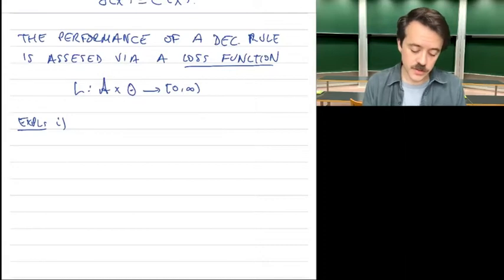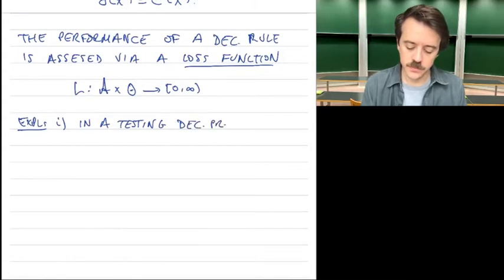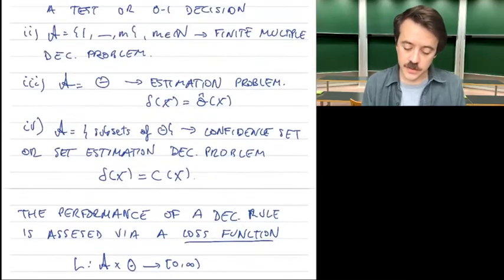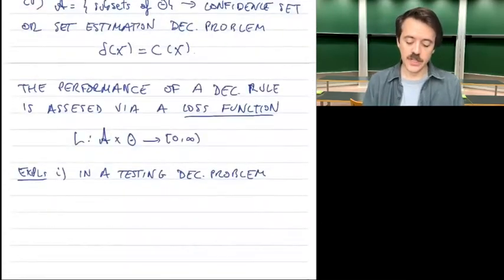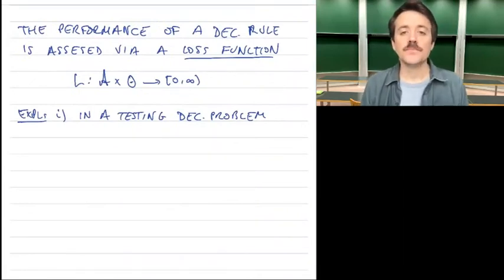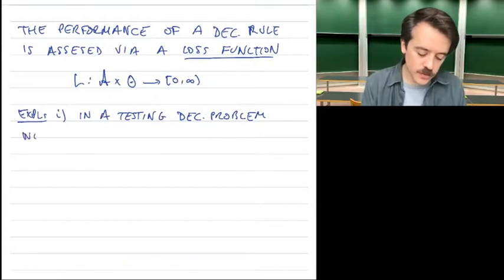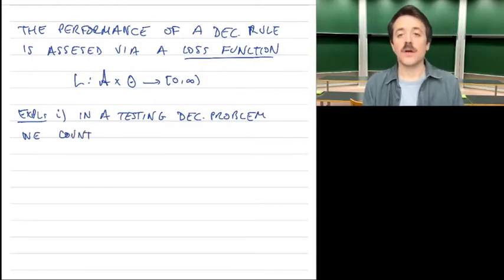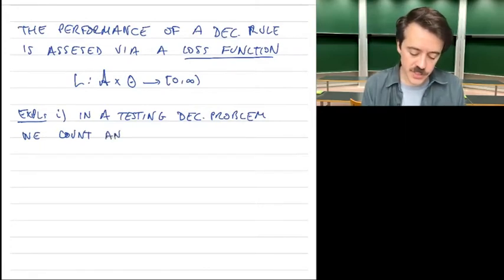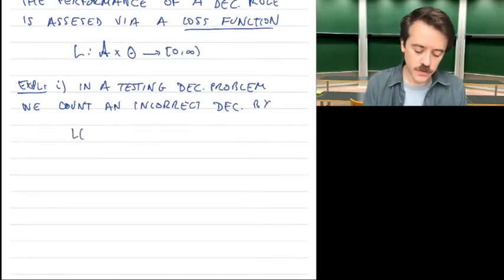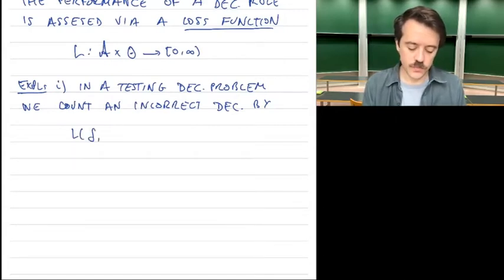So in a testing decision problem, what we can do is just to count the number of incorrect decisions, for instance by taking theta.